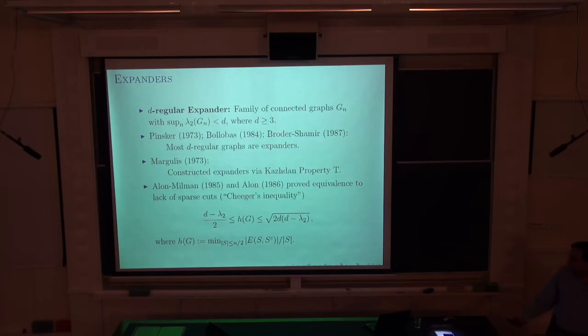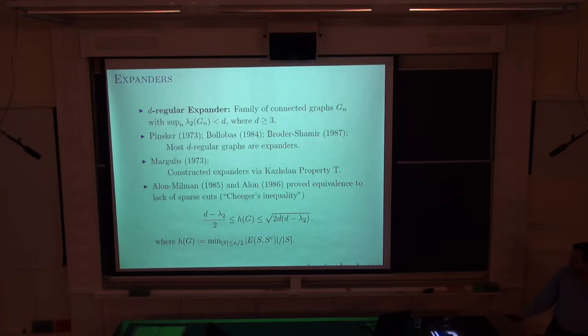We look at this version of the Cheeger constant: we minimize, over all sets S that are at most half the graph, the number of edges from S to its complement divided by the size of S. Then this h(G) is bounded above and below, as you see here.